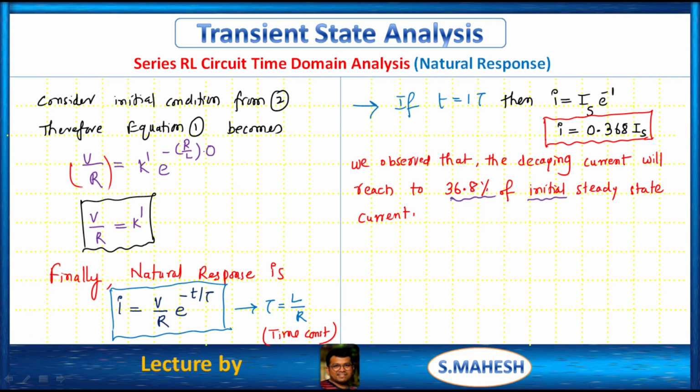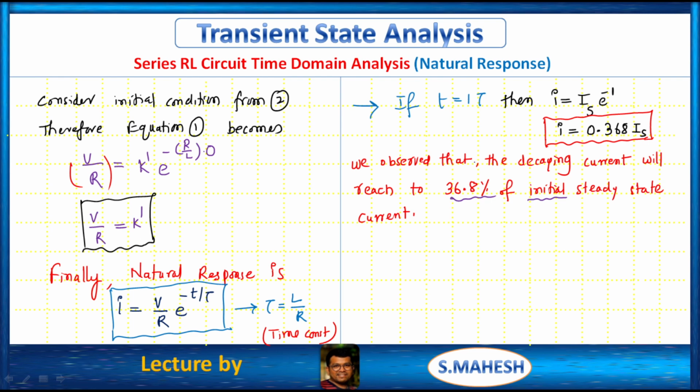In case of forced response, that is 63.2% of the final current, right? Here it is 36.8% of the initial current. These observations are very, very important. Just remember this percentage as well as whether it is initial or final current.